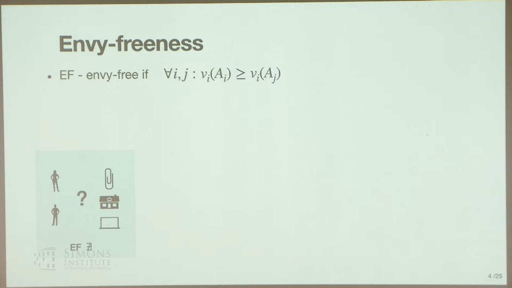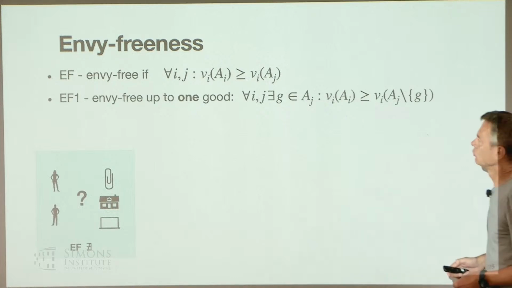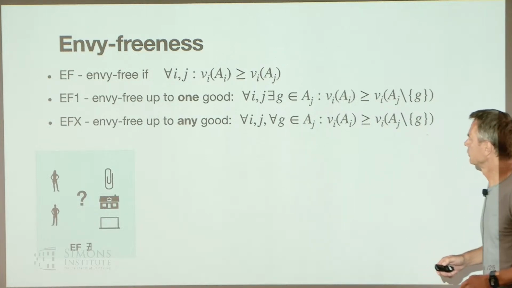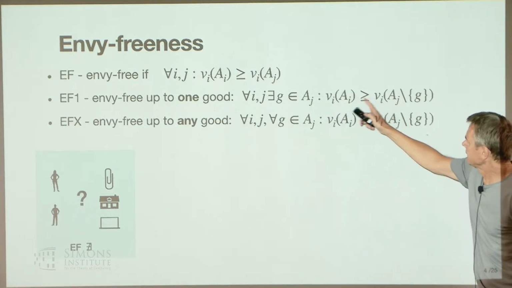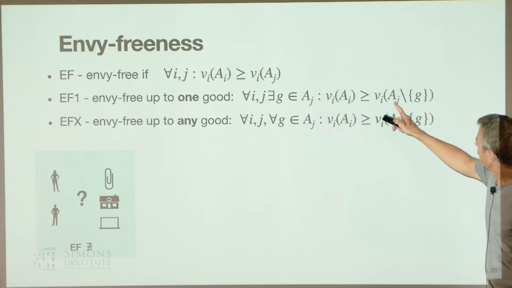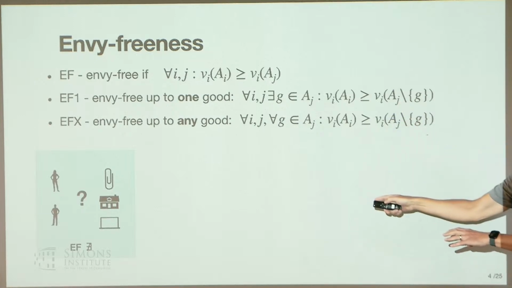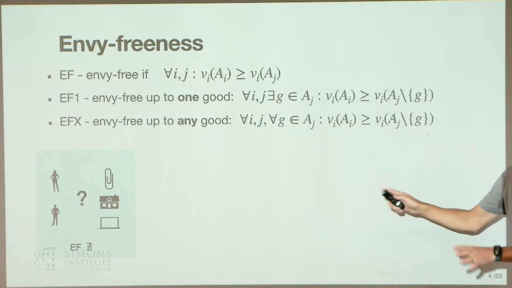Therefore, people have considered relaxations of this strong requirement of envy-freeness. There are two in particular: envy-free up to one good, and envy-free up to any good. Here, in the inequality that we had for envy-freeness, we allow removing one good from the allocation of the other agent, and then the envy goes away.